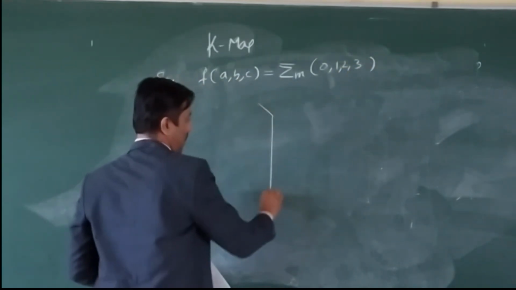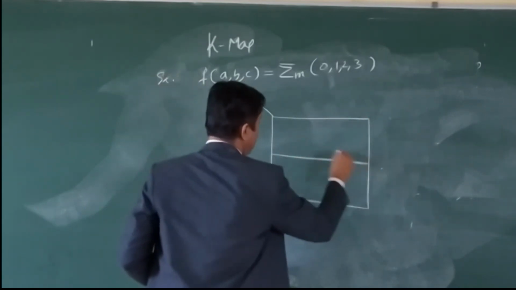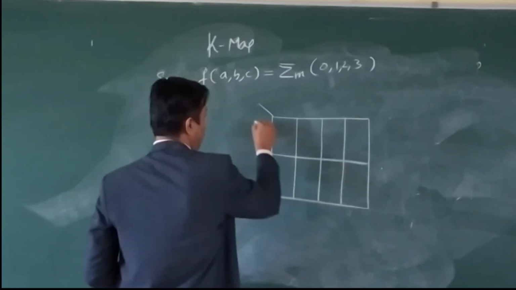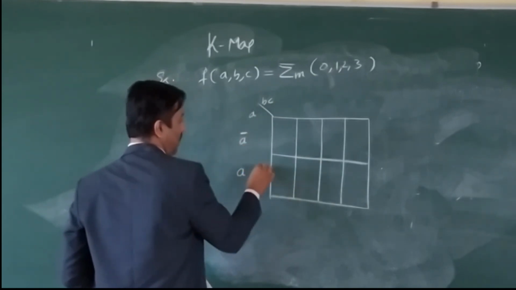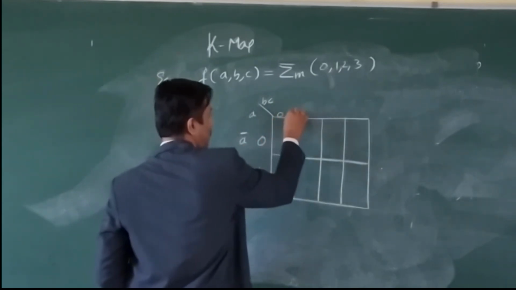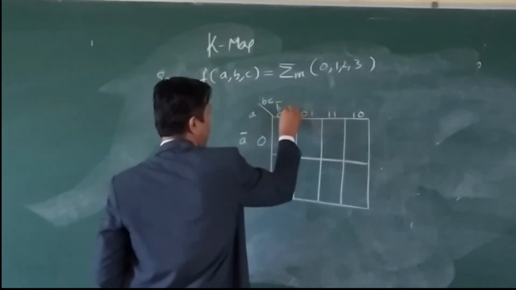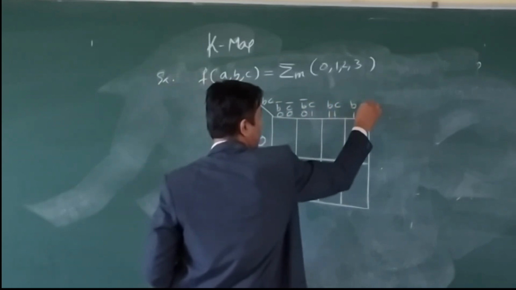Again it is a sum of product form. So 0, 0, 0, 1, 1, 0, 1, 1, for A, B and C, with A bar and A as 0 and 1. Then B bar C bar, B bar C, B C, B C bar.